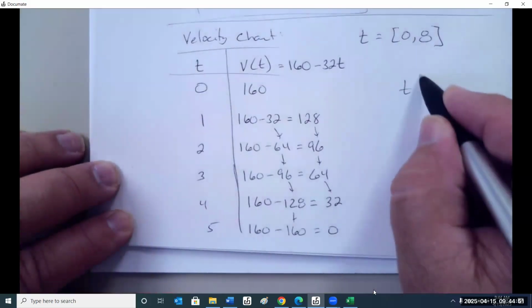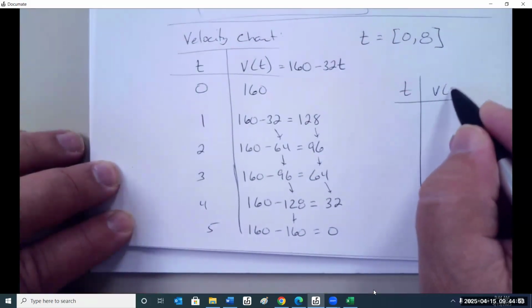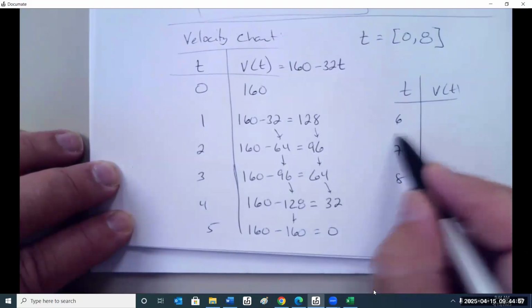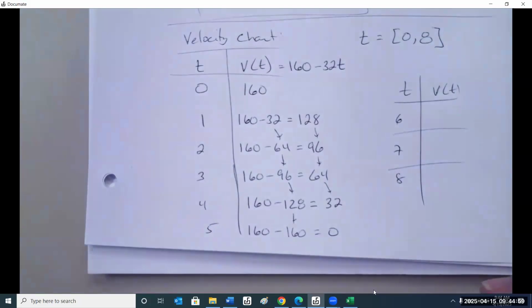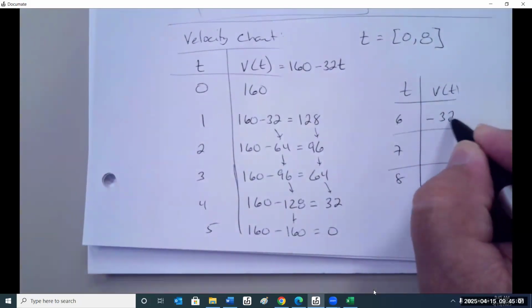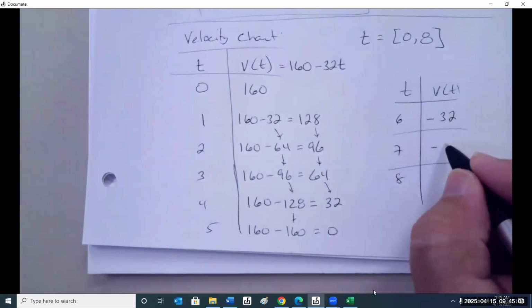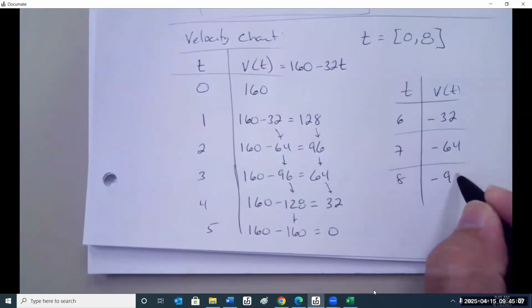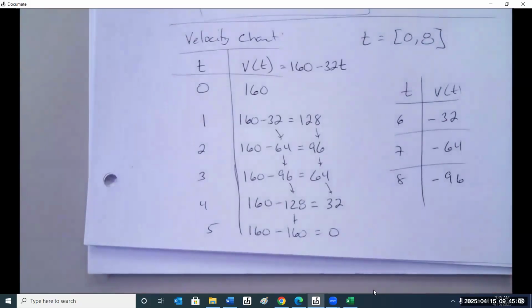So then when we have 6, 7, and 8, at 6, we got negative 32 from 0. Then we go negative 64 and then negative 96. But it's only 8 of them.